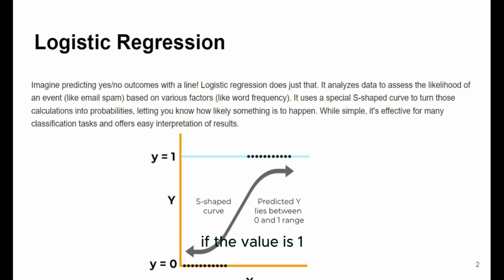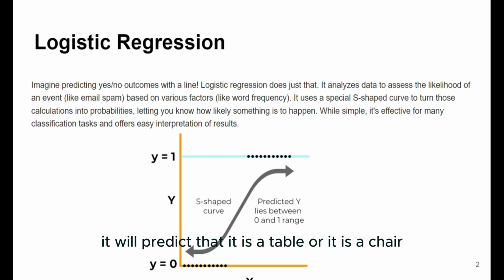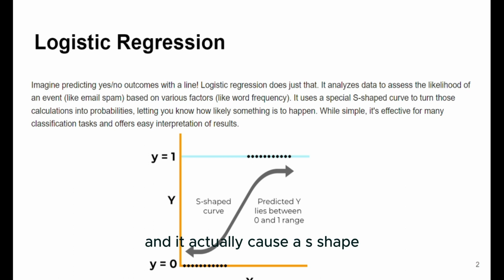If the value is 1, it will predict that it is a table, or a chair, or a book. Logistic regression defines the basic model and it draws an S-shaped curve that helps us identify whether the value is a 1 or a 0.